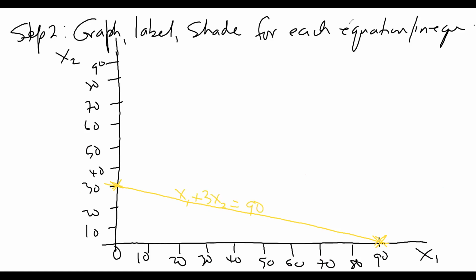So notice what I said: I graph, label. Now I shade. It says x1 plus 3x2 is greater than 90. So where do I need to build my house? To the left or to the right?